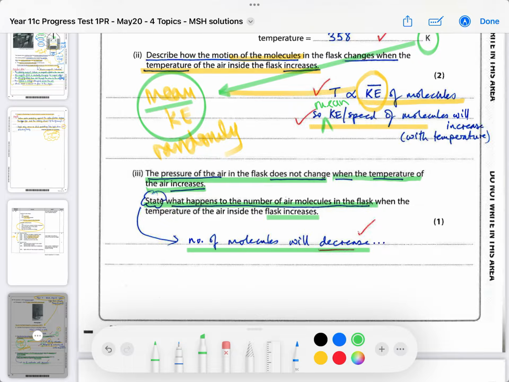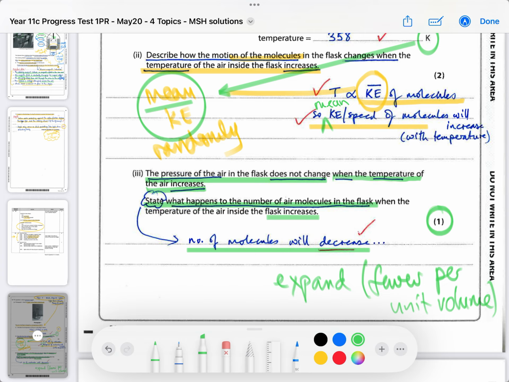Basically, the heat causes them to rise and expand. So if they're expanding, they're going to take up more space, so there's going to be fewer per unit volume. So in the space of the flask, there will now be fewer molecules.